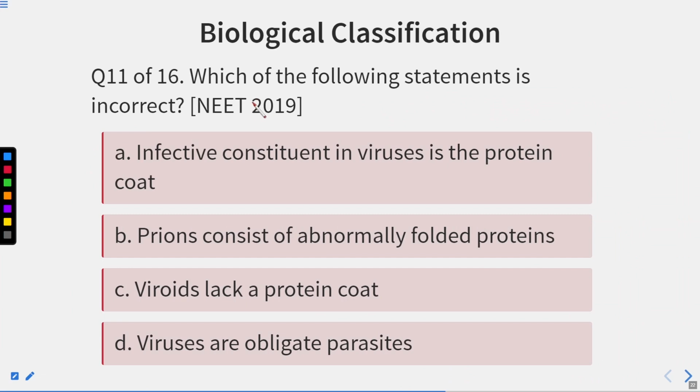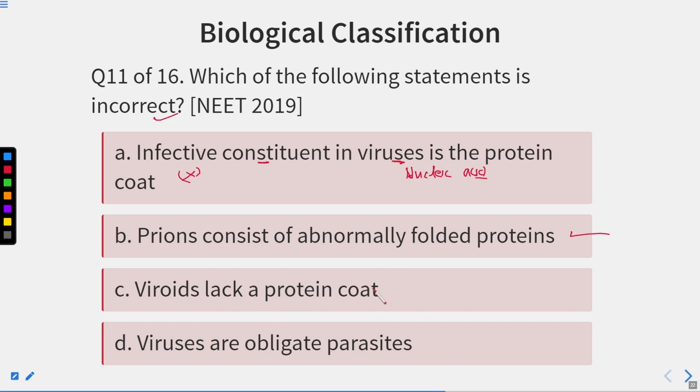The next question is, which of the following statements is incorrect? Options are: infective constituent in virus is the protein coat. Not correct. Infective constituent in viruses is the nucleic acid. Next option is prions consist of abnormally folded proteins. We will talk about this. Let's talk about option C now.